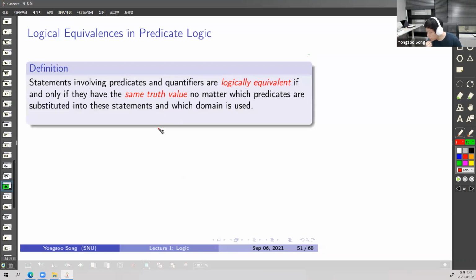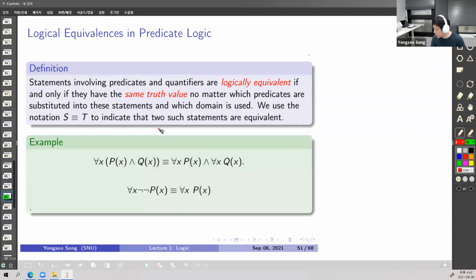Okay, so similar to compound propositions, we say these two statements involving predicates or quantifiers are logically equivalent if they have exactly the same truth value, no matter which predicates are substituted into these statements, and no matter which domain is used. And we use this equivalence symbol to indicate two such statements are equivalent.